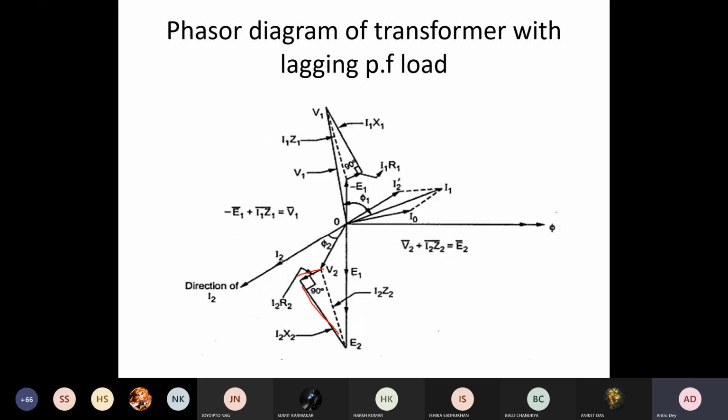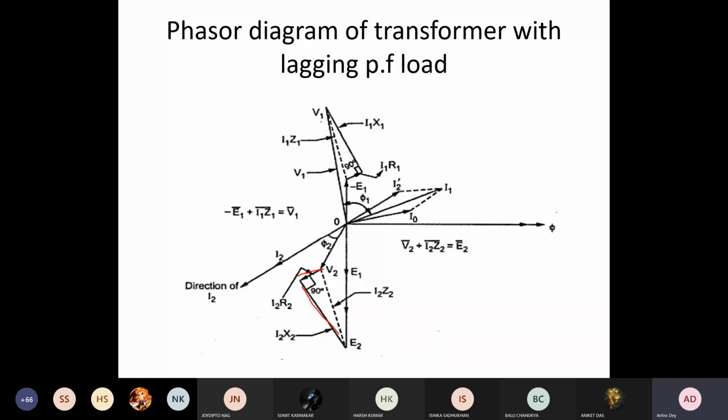Once you get E1, you get minus E1, and then this is your phi, and this is your I0. Then you can get your I2 dash in this way and complete your I1. Once you get minus E1, add the drop I1 R1 plus j I1 X1, and you get your V1, which is from the source.